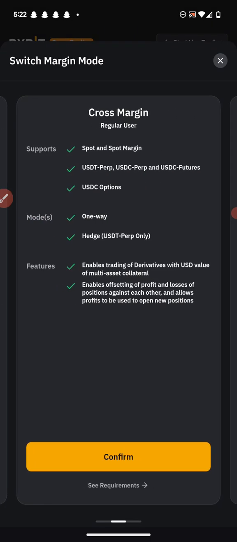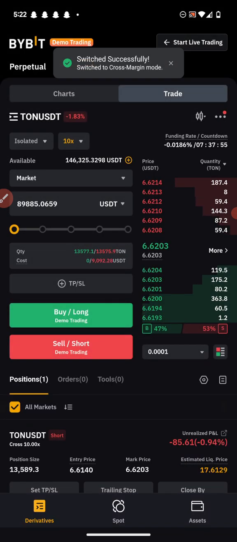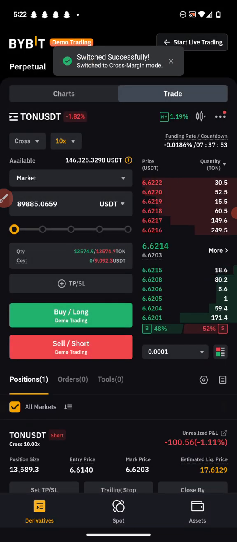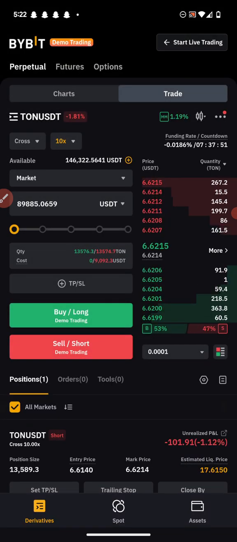Let me explain cross. If it is on cross, now cross simply means that you are having $100 in your balance and you are risking $1 or $5. It simply means if you trade with that $5, immediately you have minus 100%.